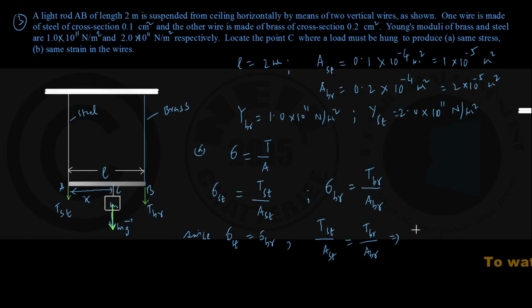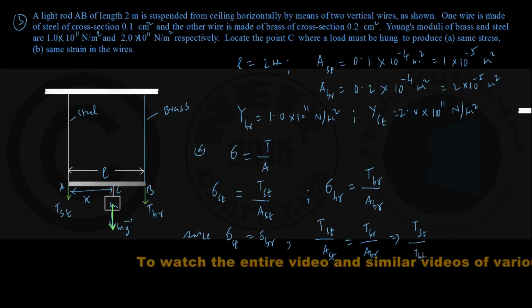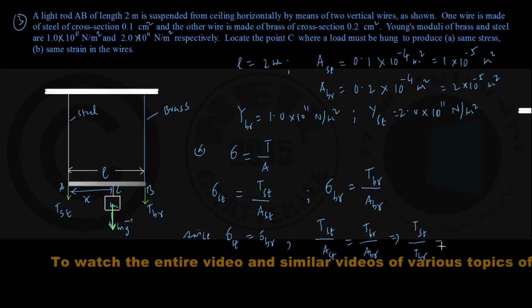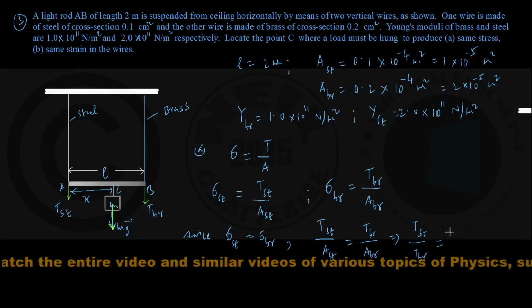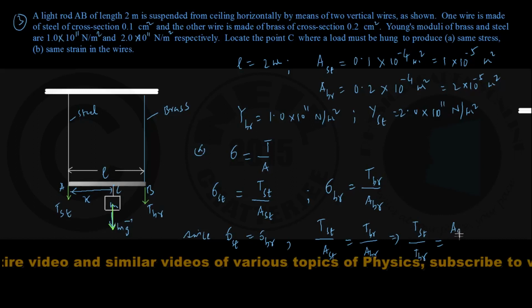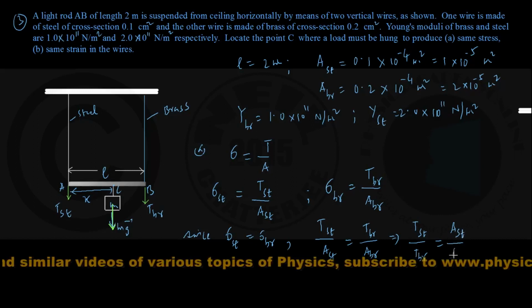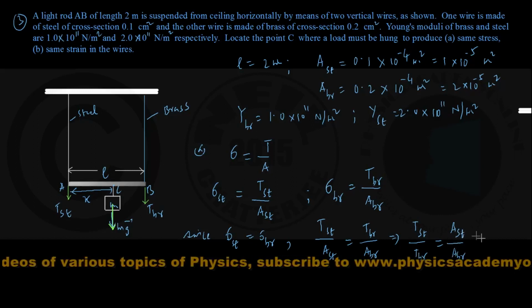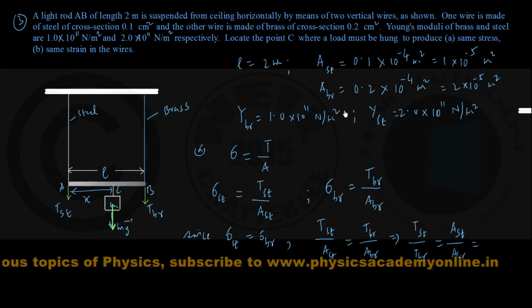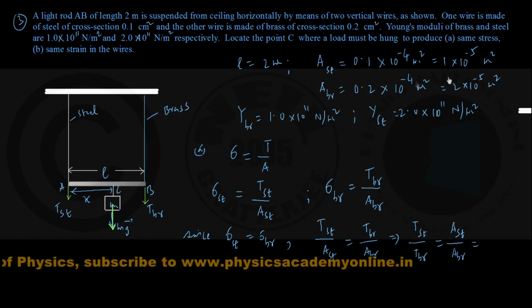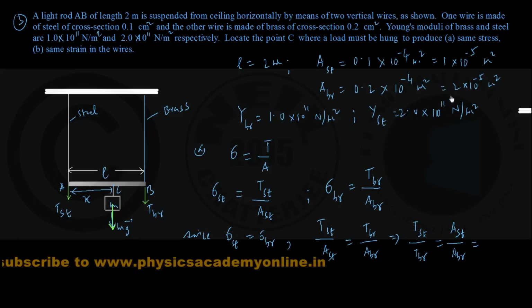It follows therefore that the ratio of the tensile forces acting on the steel wire and on the brass wire, T steel by T brass, is given by the cross-sectional area of the steel wire by the cross-sectional area of the brass wire. Referring to the data given here, you can see A steel is this one and A brass is this one.